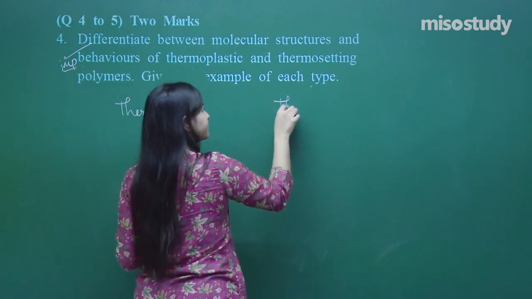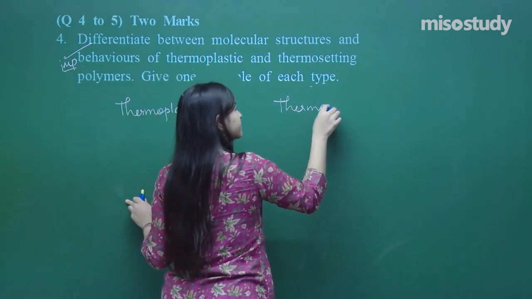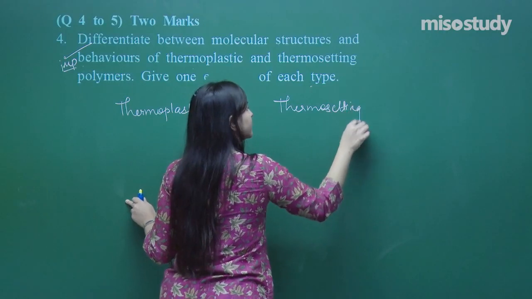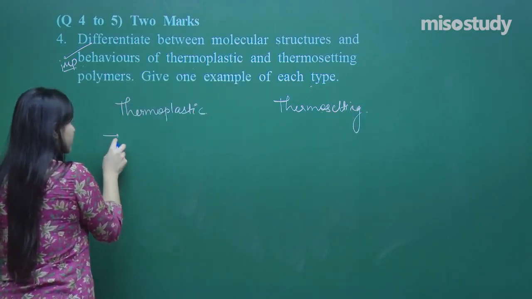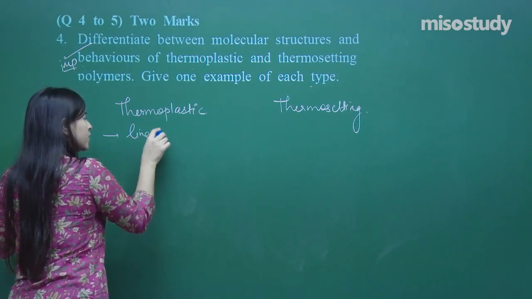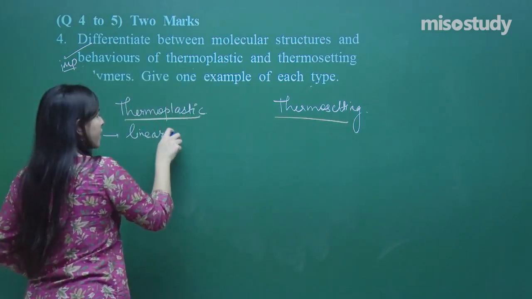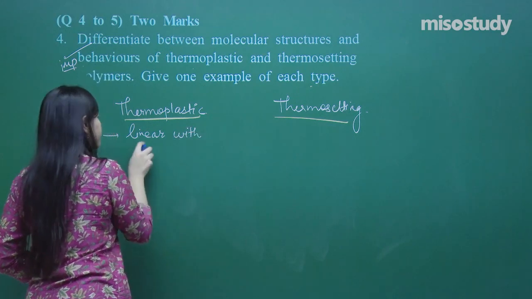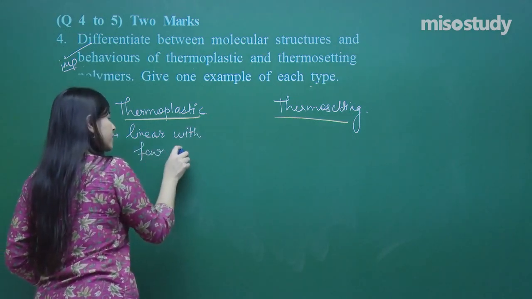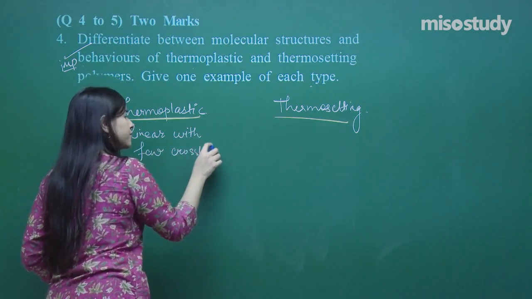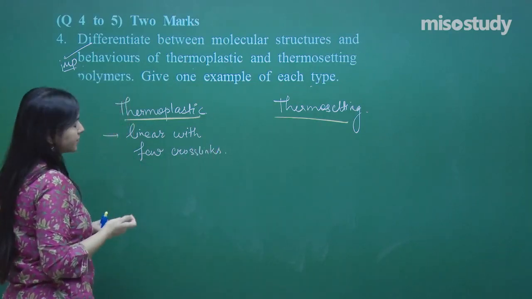Thermoplastic, so first of all, on the basis of structures, they are linear with few cross links. Done with the structure, right?